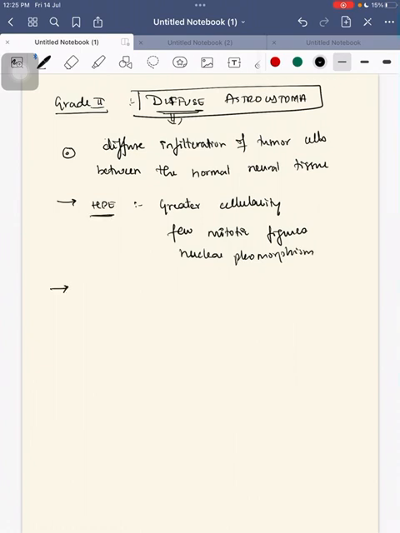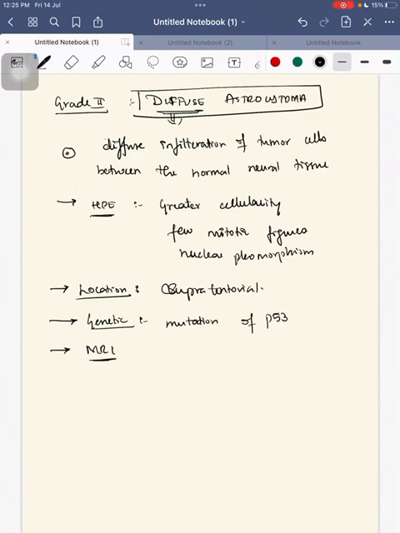Its classical site is the supratentorial region. Its genetic significance is mutation in the tumor suppressor gene, that is mutation of P53. Okay. And its MRI feature is, while pilocytic astrocytoma is contrast enhancing, diffuse astrocytoma is non-contrast enhancing.